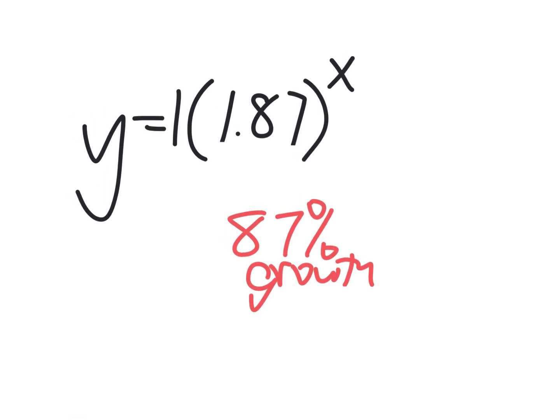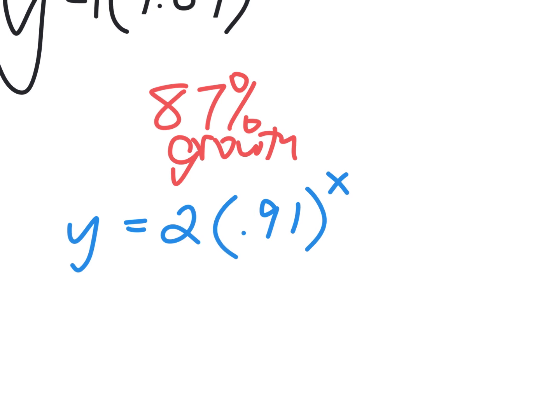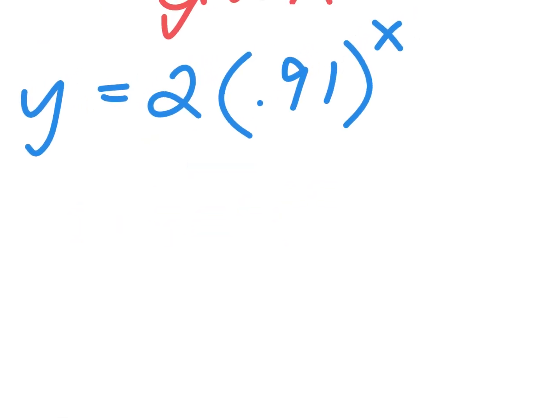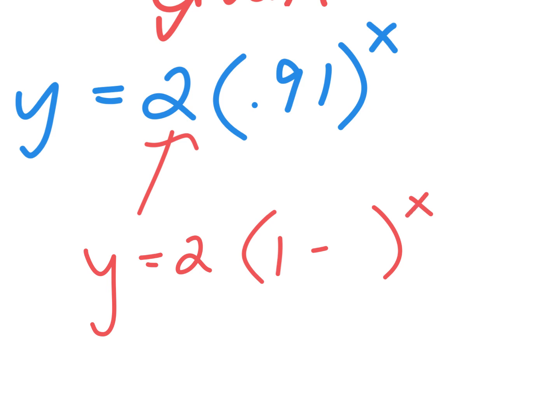So then what if it goes the other way? Y equals, let's say I start with 2 of something and I go 0.91. Well, that one is not growing. It starts with 2, and I think some of you can write it this way. And as soon as you do, you'll be able to be like, oh, I can see what percent decay that is.